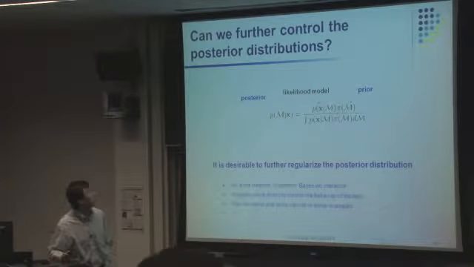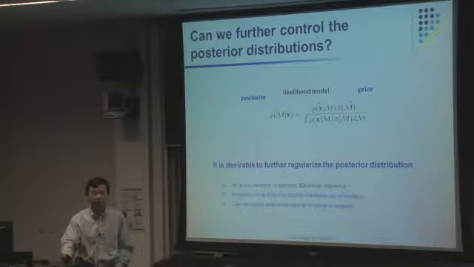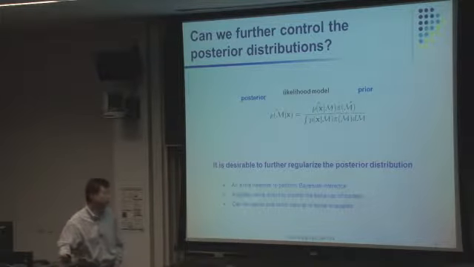For example, can we further control the posterior distribution to satisfy specific properties? For example, it leads to a prediction that respects a margin constraint, or maybe it shouldn't take certain values in the total parameterization space, that kind of direct control.